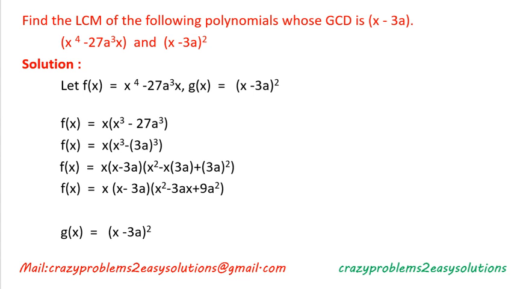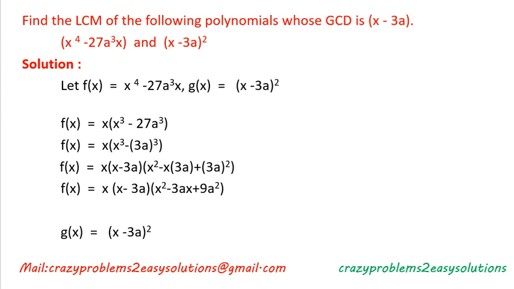So we apply the a cube minus b cube formula: x into x minus 3a, times x square plus 3ax plus 9a square, applying the formula with a equal to x and b equal to 3a. So f of x equals x into x minus 3a into x square plus 3ax plus 9a square.